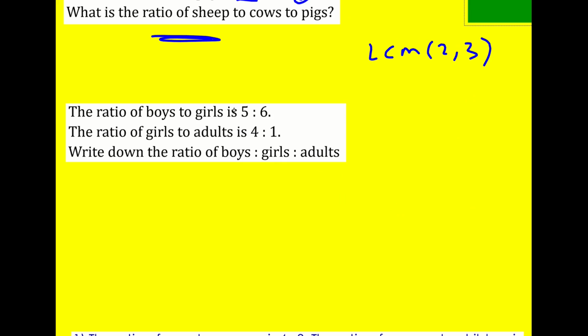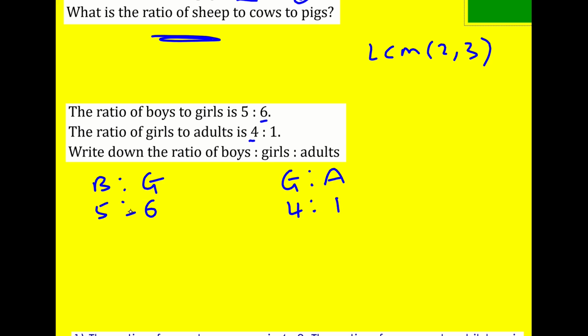Okay, so the overlapping ratio is this girls part. You can see I've got girls in both ratios, but I want a ratio with them all in. So how can I do this? Well, I've got boys to girls is equal to 5 to 6, and then I've got girls to adults as 4 to 1.